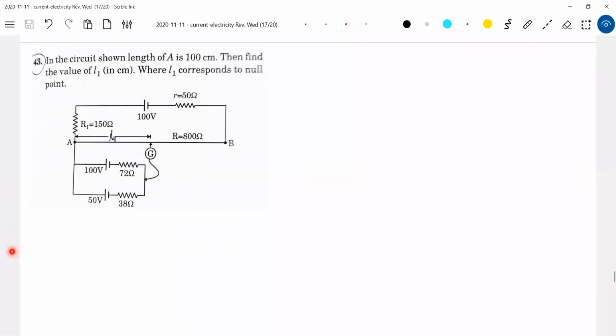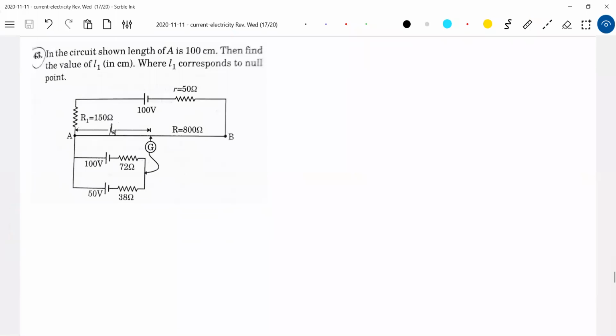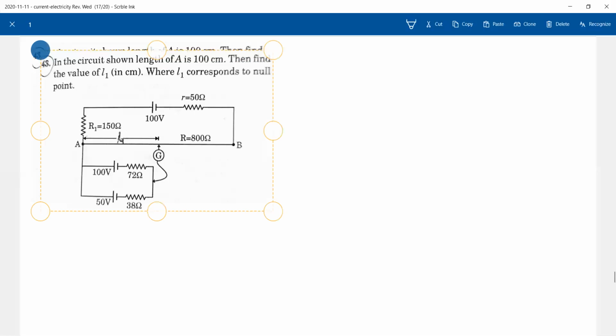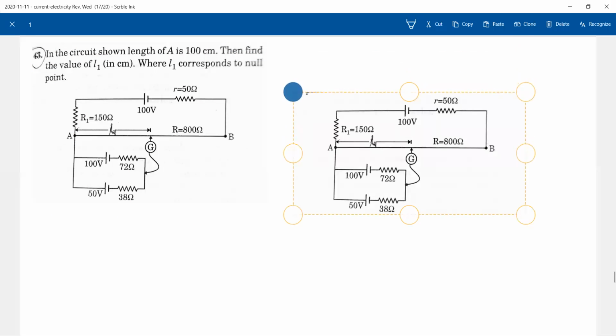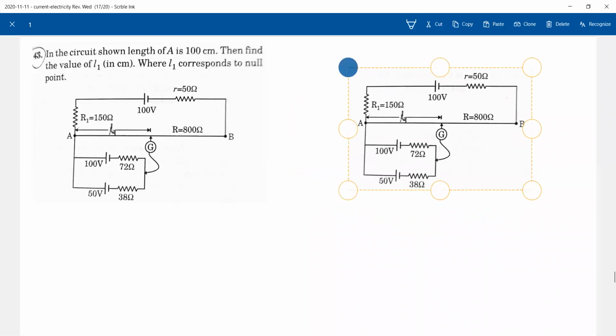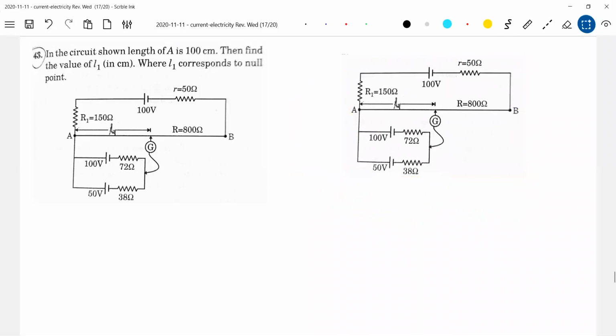Okay, let me take a few problems on the potentiometer. When more than one cell is there, I think we discussed in class. So shall we replace these two with an equivalent cell? And we have to get into the potentiometer concept. I'll replace these two by one equivalent cell.